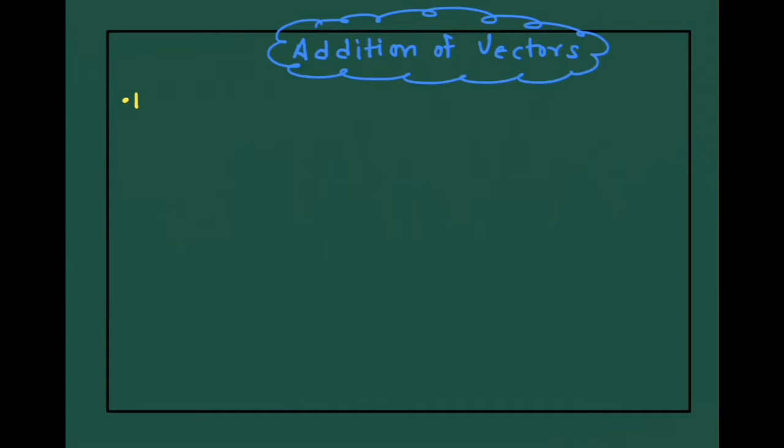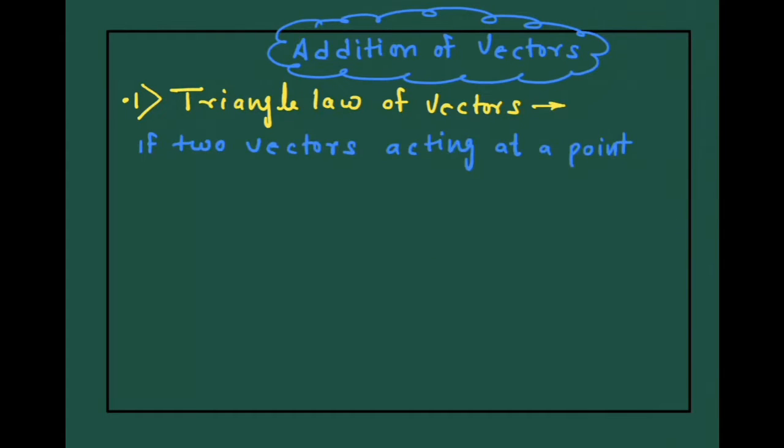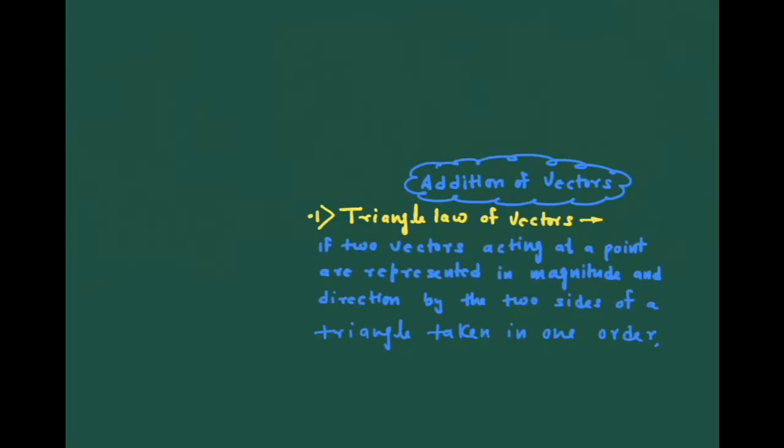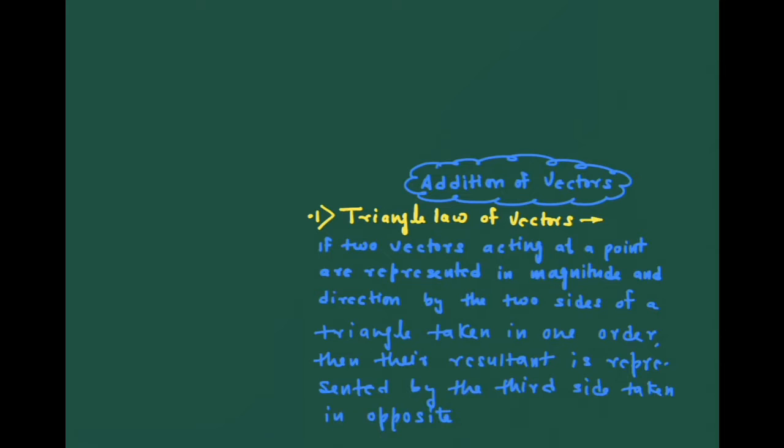Addition of vectors. First law is triangle law of vector addition, and its statement is if two vectors acting at a point are represented in magnitude and direction by the two sides of a triangle taken in one order, then the resultant is represented by the third side taken in opposite order.